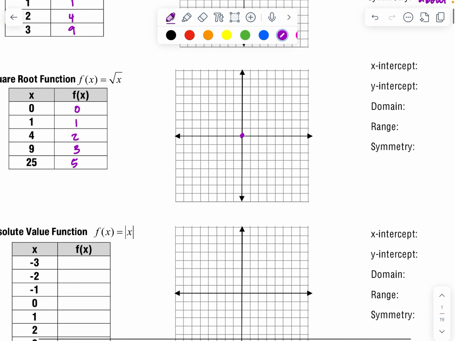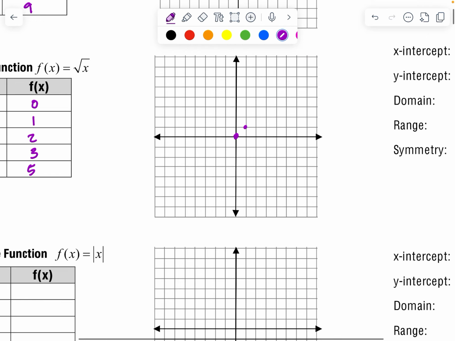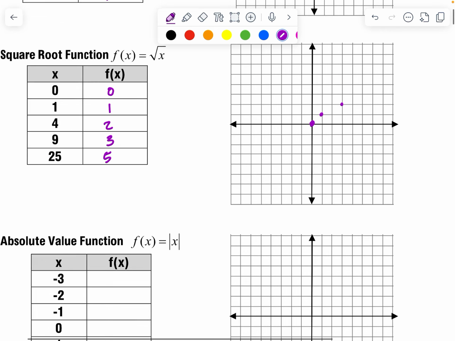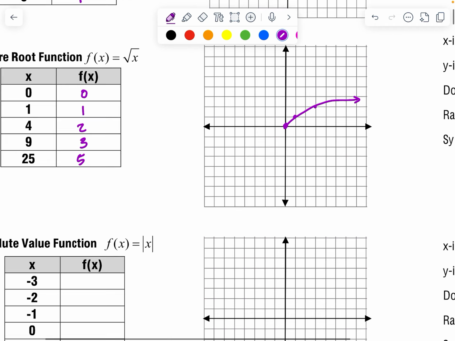So we could actually graph these by hand because we have an x and we have a y. So 0, 0, 1, 1, 4, comma 2. So 4 to the right, 2 up. And then 9 is off of our table because it's 1, 2, 3, 4, 5, 6, 7, 8. So we should have something that kind of looks like this.